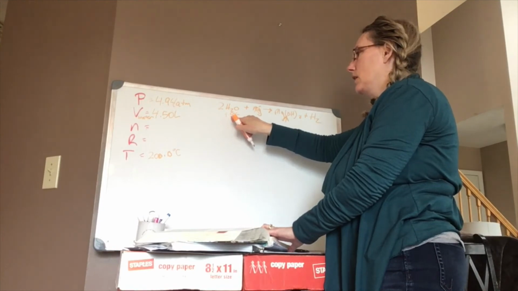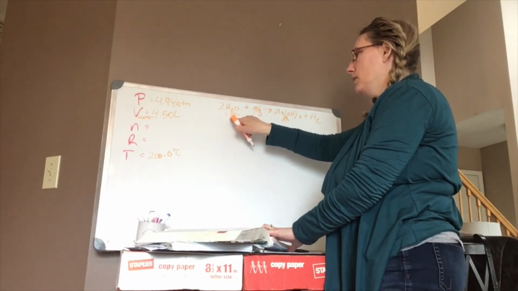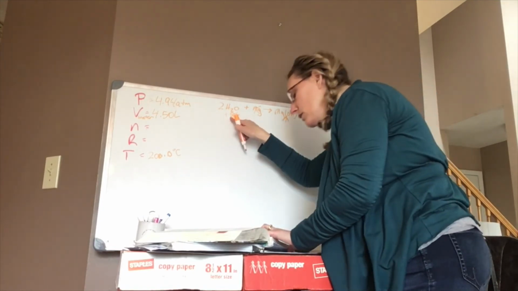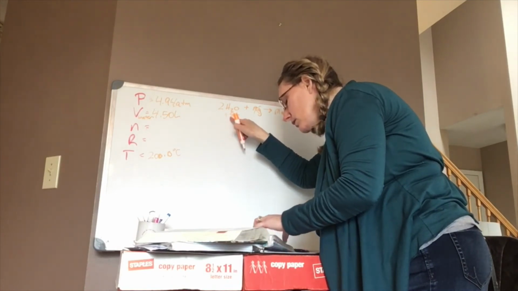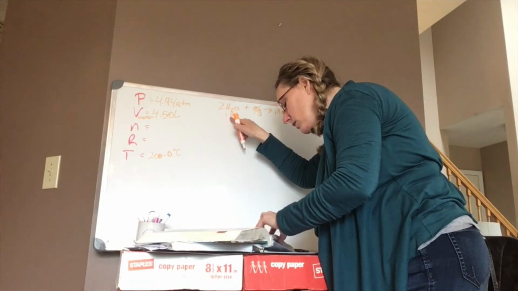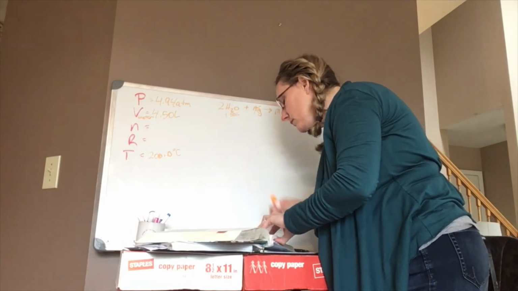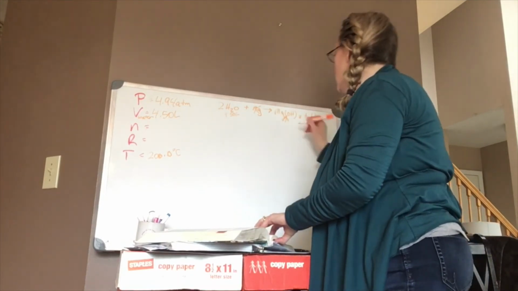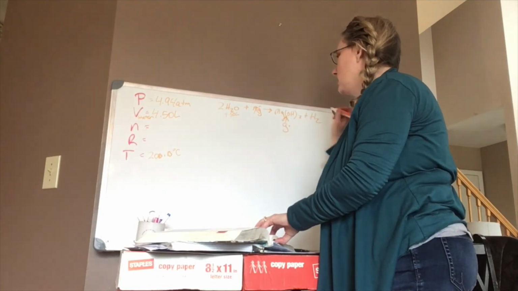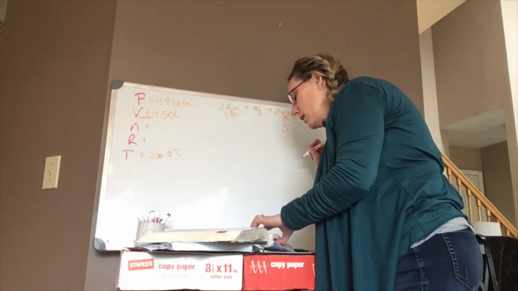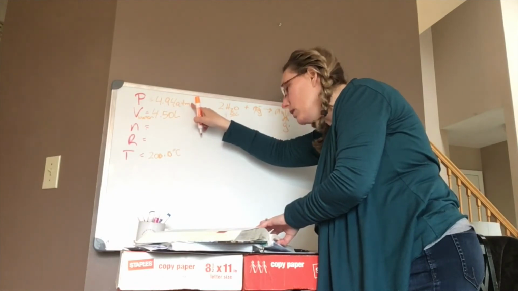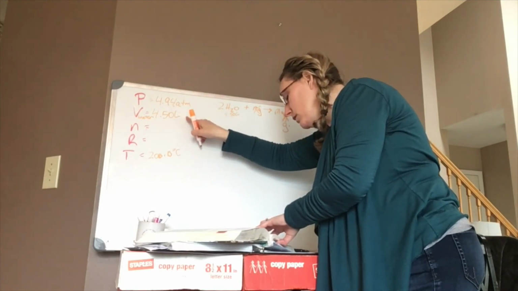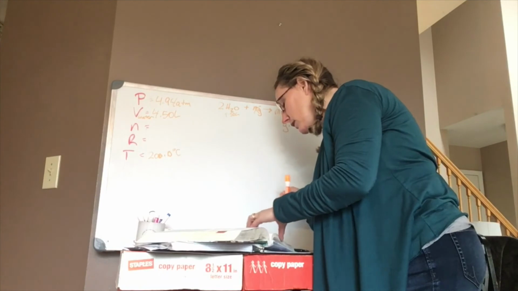We know that we have this many liters of this. Doesn't seem like it, I feel like I'm missing something. How many grams of magnesium hydroxide? I want to know how many grams of that is. So let's see, do I have all the things? 4.94 atmospheres, 4.5 liters, 200 degrees.